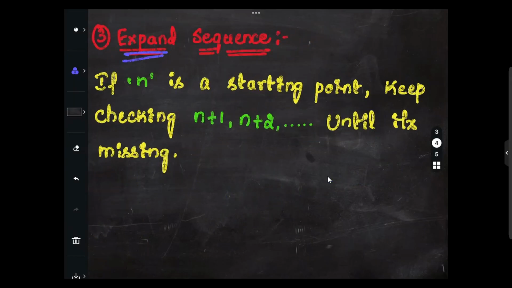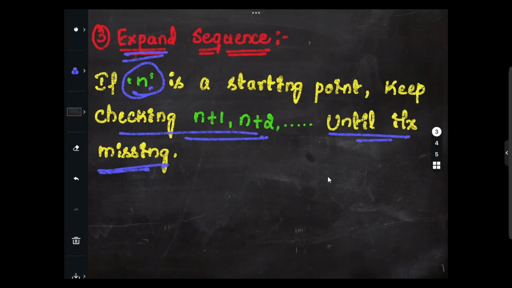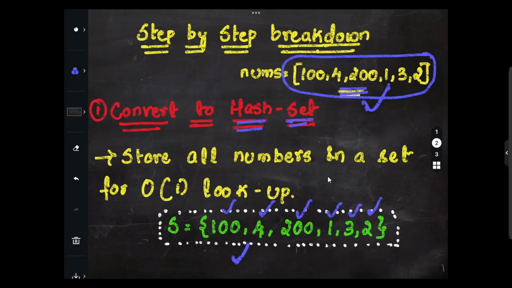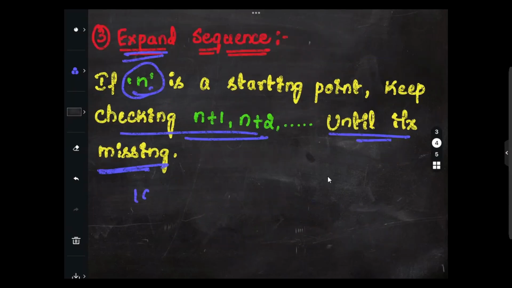So we will expand the sequence, meaning if n is the starting point, then we will keep checking n plus 1, n plus 2 until it's missing, right? In this case we have 100, 4, 200, 1, 3, 2. For 100, we check whether the previous number is present or not. 99 is not present, so this is the starting point.